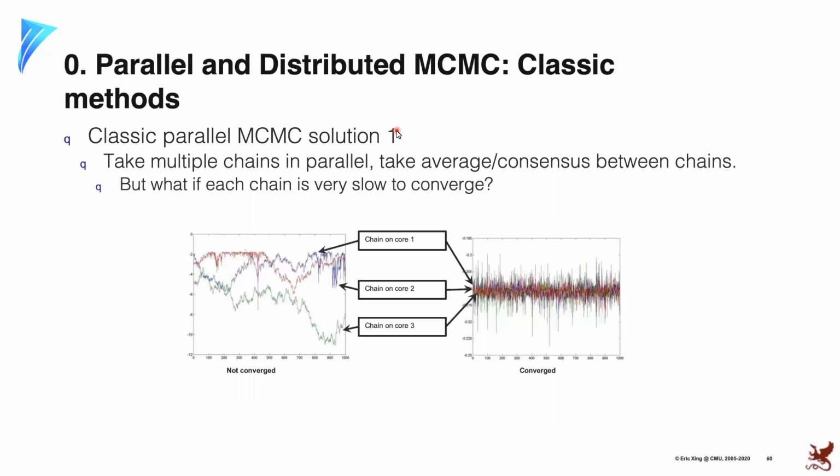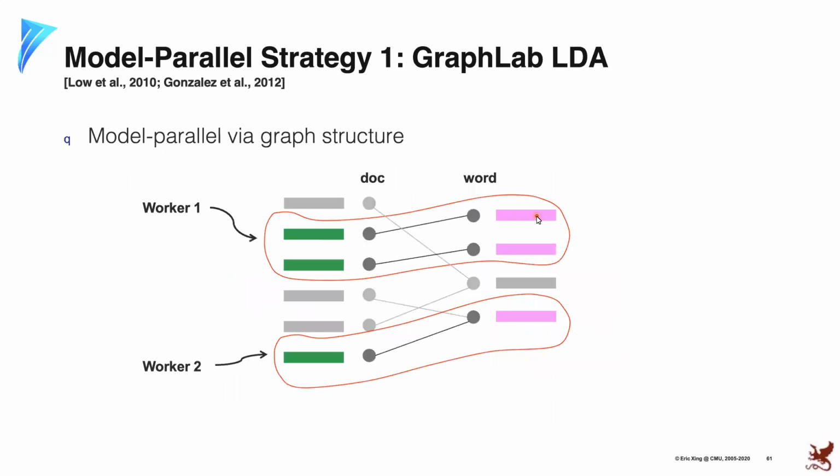It's just asking each of these workers to run multiple chains in parallel and finally take the average or consensus between chains. And it will have the same problem as in stochastic gradient descent, where each worker will be trapped in its local optima. So essentially, when we take the average, it's very likely that we will not get the optimal solution.